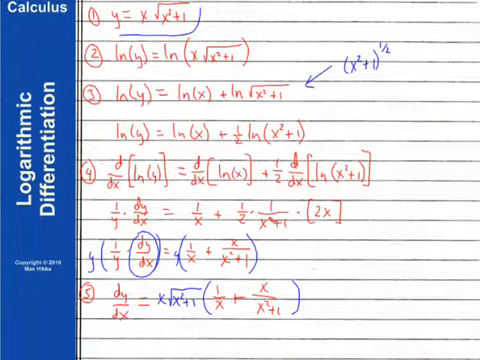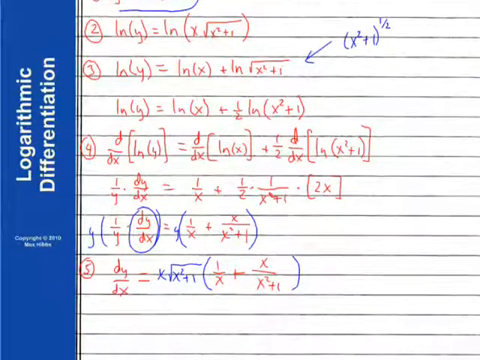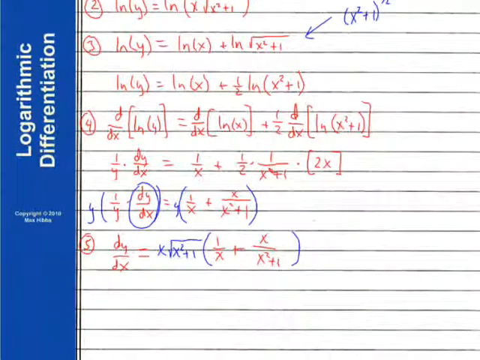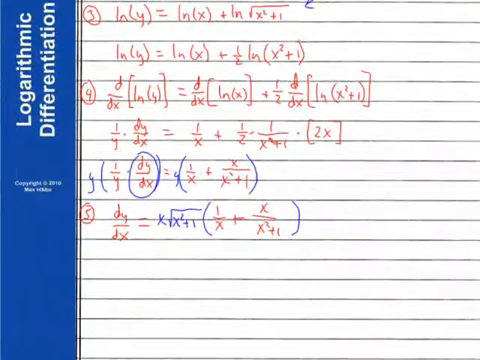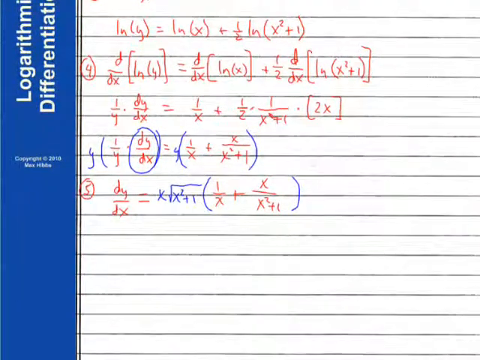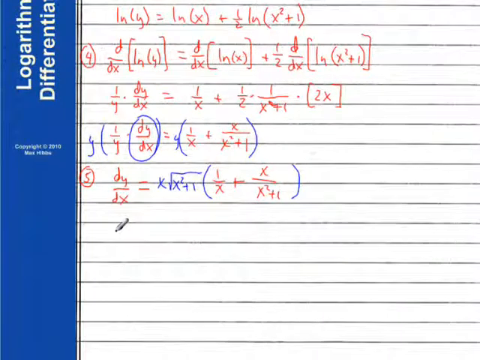Now, as we distribute that multiplier, we're simply simplifying. It takes a little bit of algebra here. For dy dx, we multiply this factor times 1 over x, and when we do, the x's cancel, and so it leaves simply x square root of x squared plus 1.